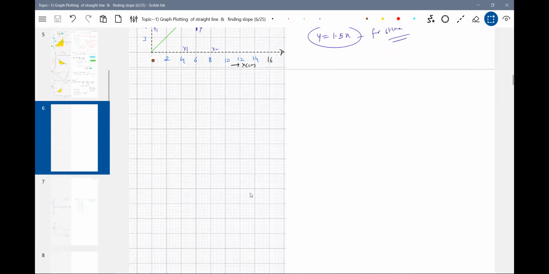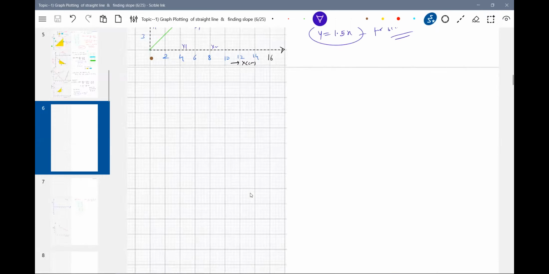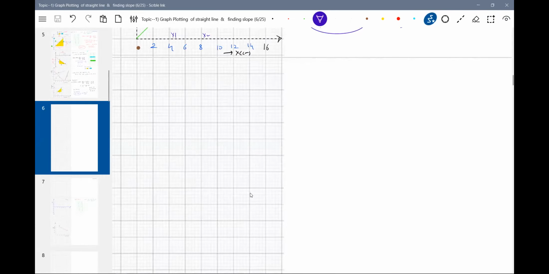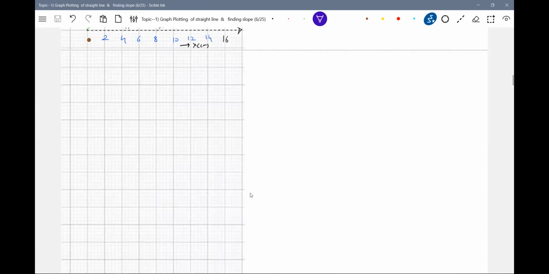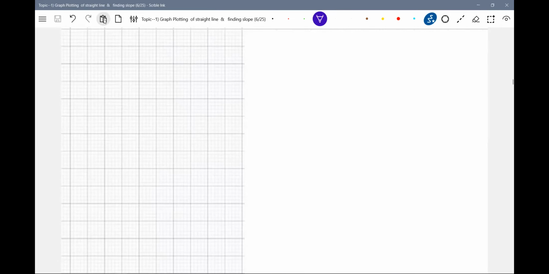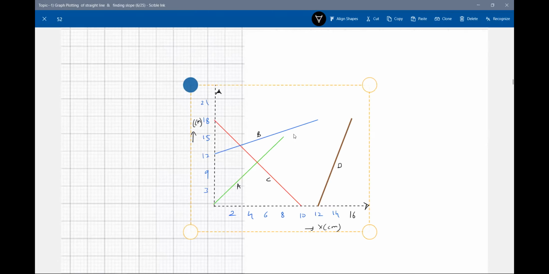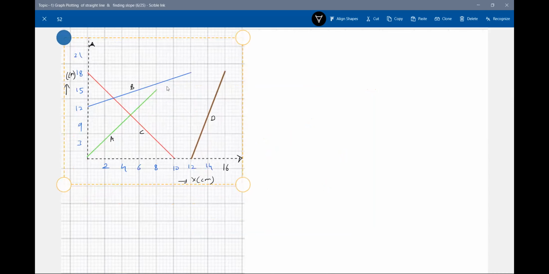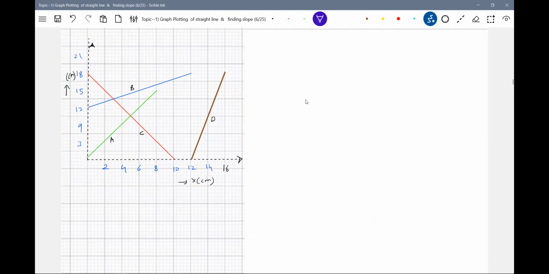Let's begin now. What we are doing, we are going for the equation for straight line B. I'll take out all these things so that they will not disturb us. I think we have to be a little bit alert. Carefully, you have to look at this.